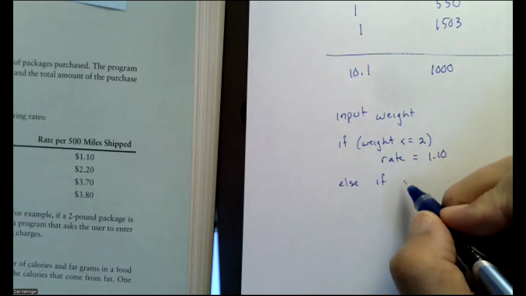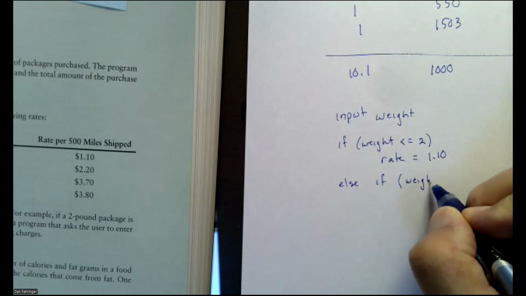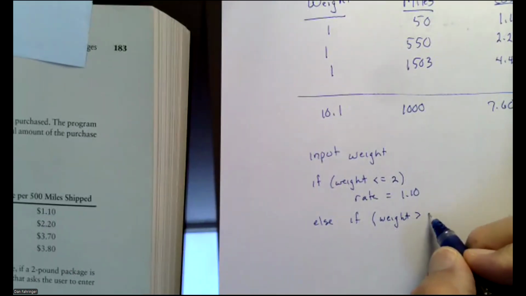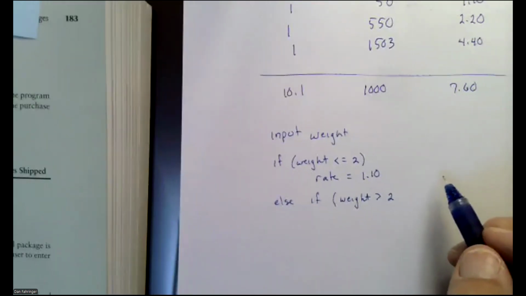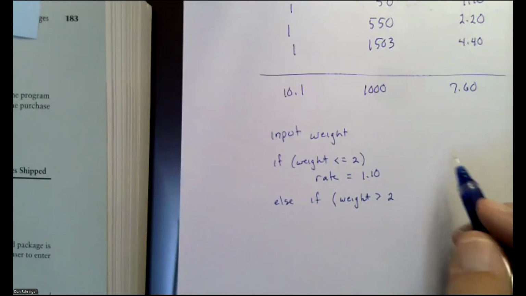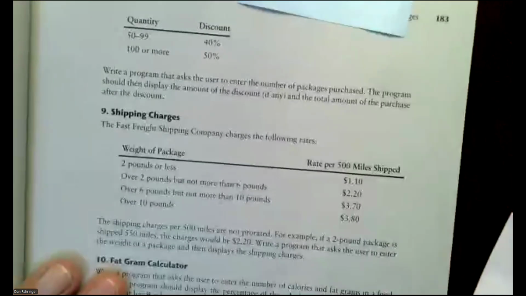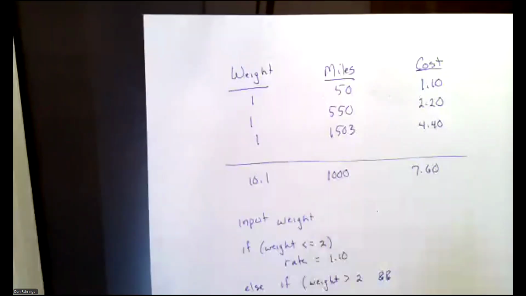if weight is greater than two, what would go next? 2.20. Yep, I need an and sign because I'm looking at if over 2 pounds, but not more than six.